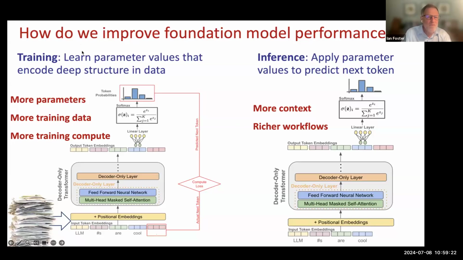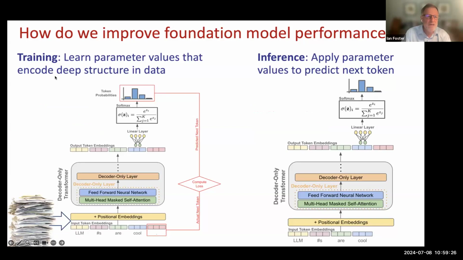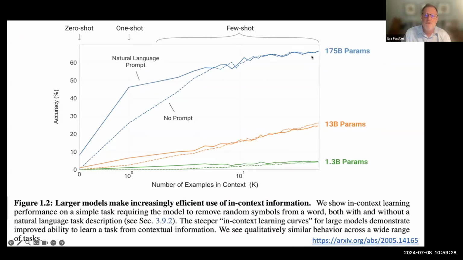So this fact that model performance improves so rapidly with model size, as we just saw, is an interesting phenomenon, because it suggests we have a couple of different things we can do if we're trying to develop a model for a particular purpose.